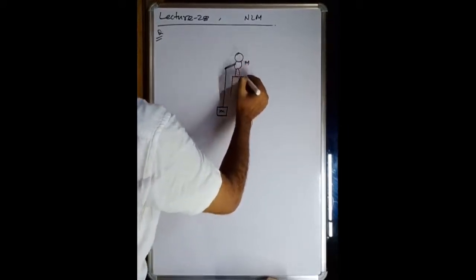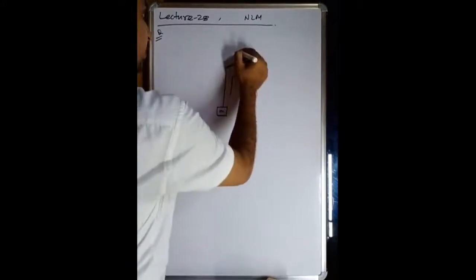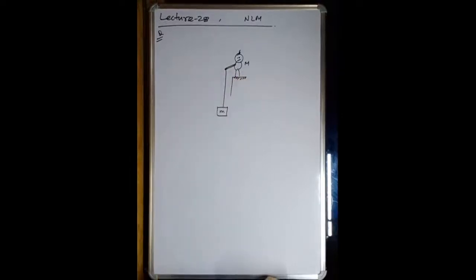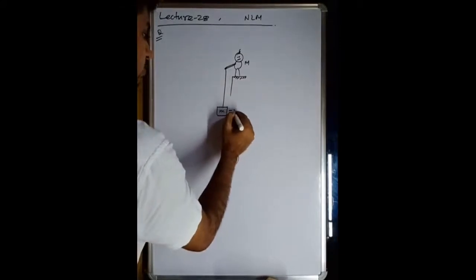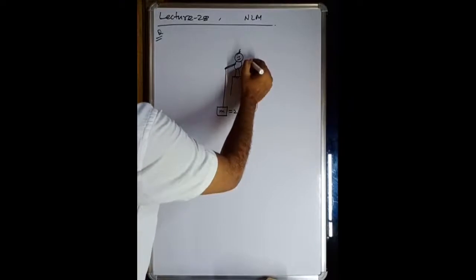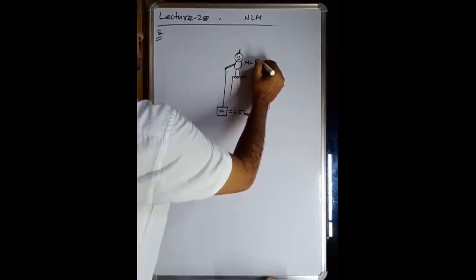Here the mass of the man is M. This is the first case. Here the mass of this block is given 25 kg, and the mass of this person is given 50 kg.